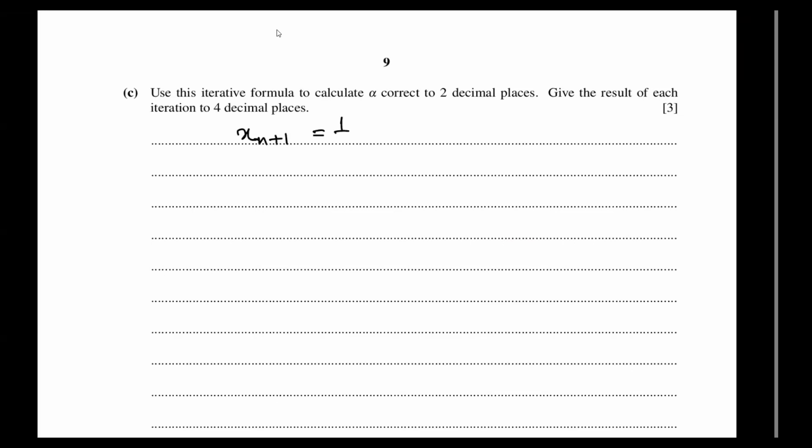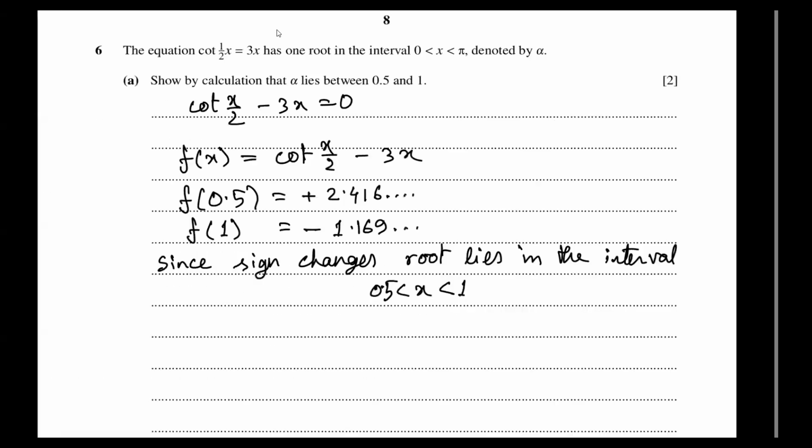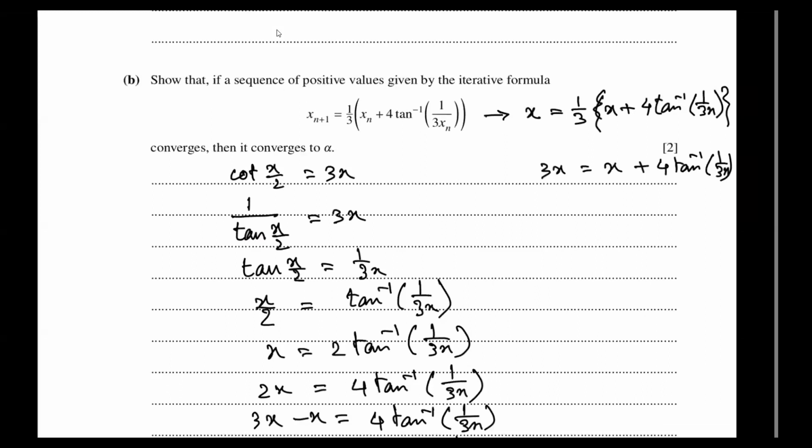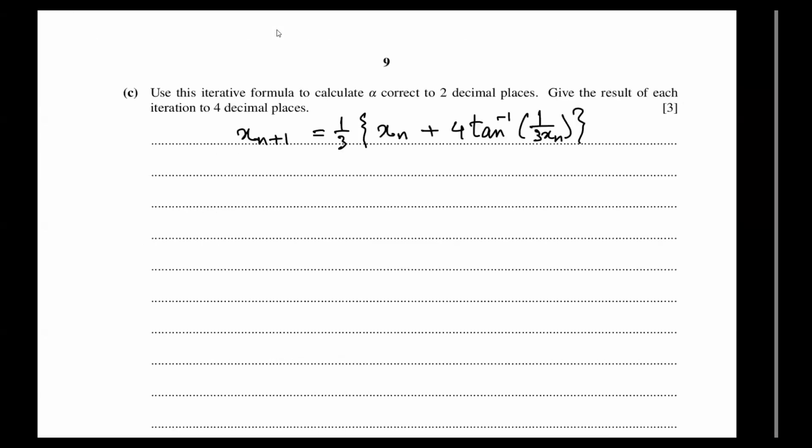xn plus 1 equals 1/3 (xn plus 4 tan inverse 1 by 3xn). Okay, that was the iterative formula. And the starting value of x is not given.